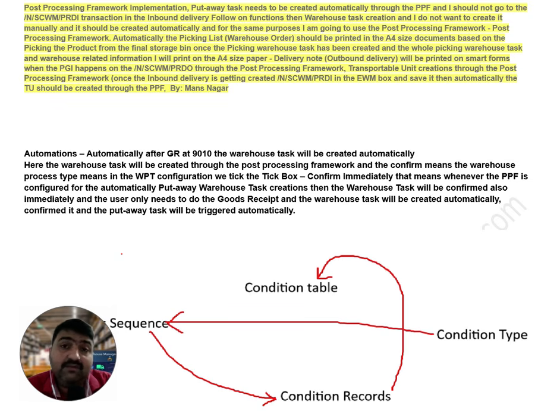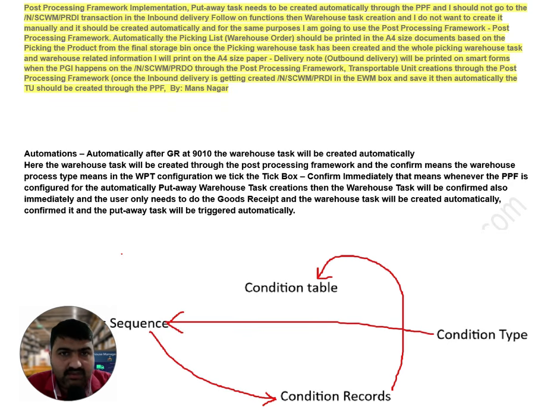But when we implement the post processing framework, we no longer need to create the warehouse task manually; it is created automatically. A lot of benefits you will see here: the power of the post processing framework. Okay, I do not want to create it manually. The task will be created automatically whenever the delivery is distributed from the ERP layer to the EWM layer.